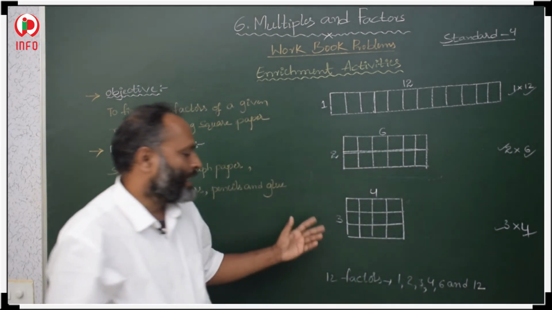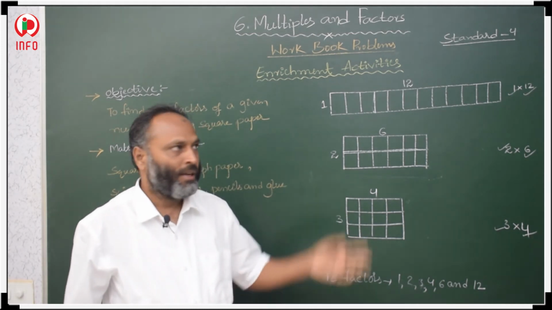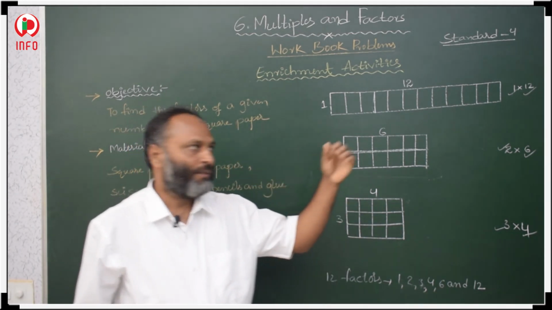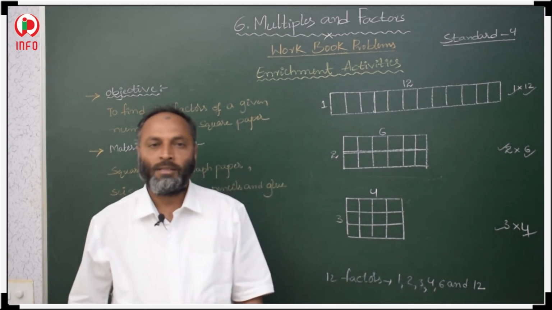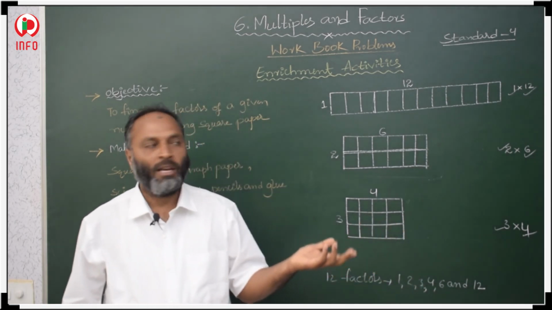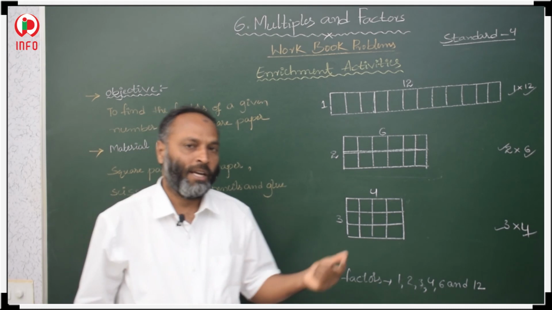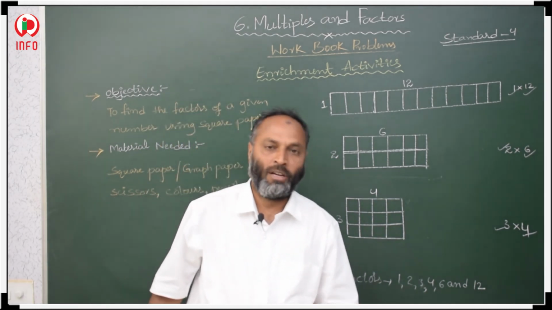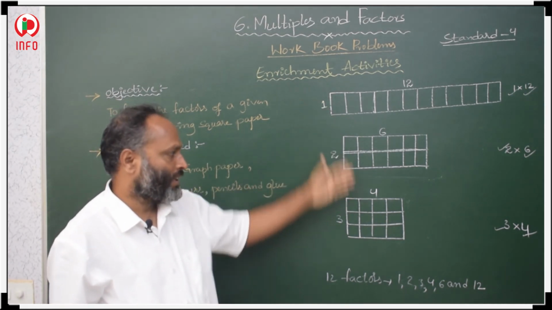By doing this activity, we can find the factors of a given number. Here the given number is 12, and we found its factors using square grids or graph paper. In the same way you can find the factors of 18, 24 and 40. Try finding these numbers' factors using this activity.